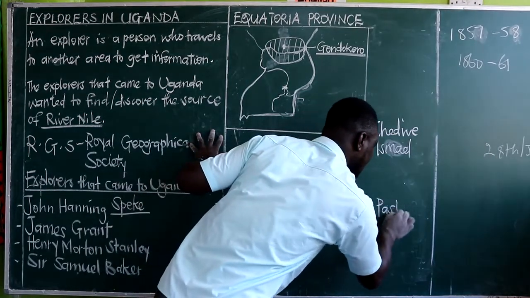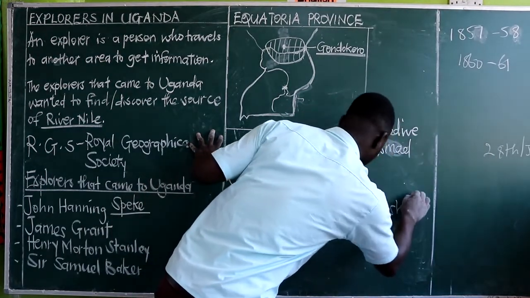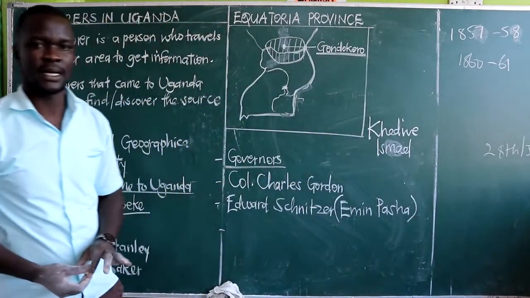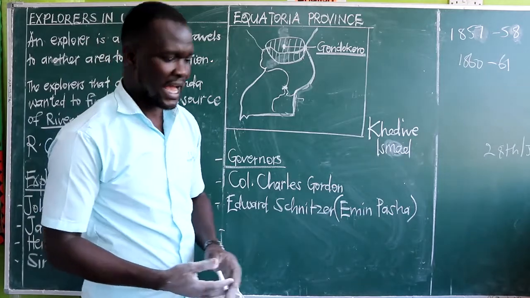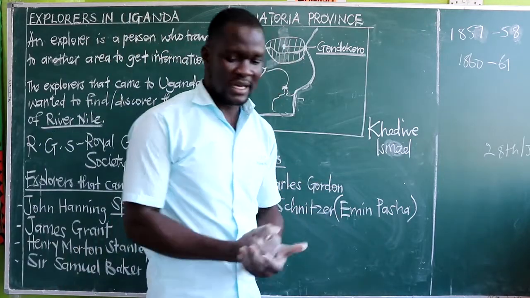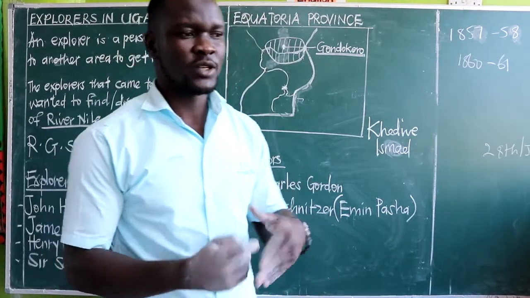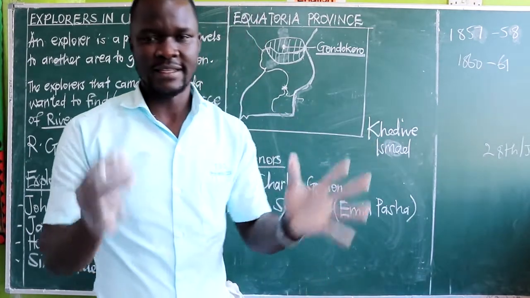Emin Pasha was a German doctor who also tried, but he also failed. And when this one failed, it meant that Egypt's attempt to colonize Uganda failed.